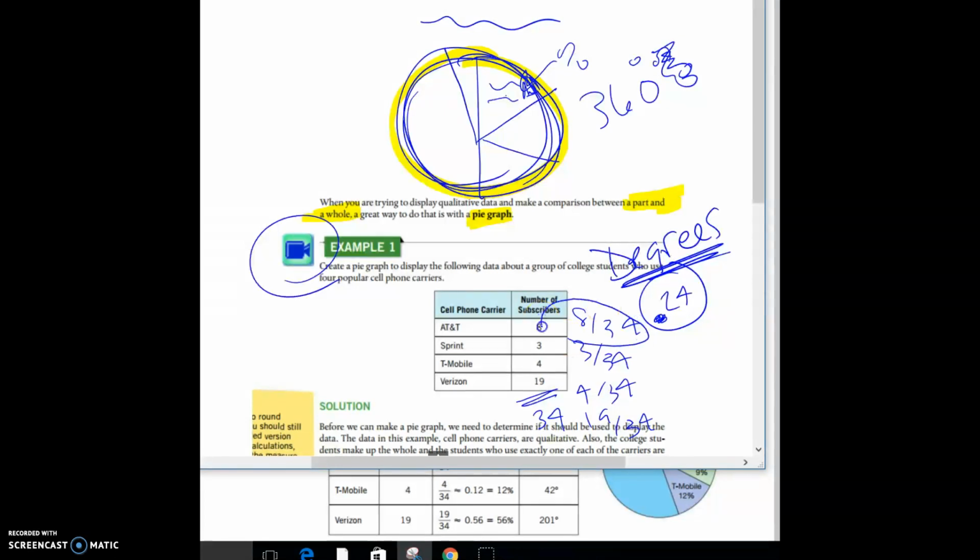So to create a percent, you divide and multiply by 100. To use a percent, you have it in decimal form and you multiply it by whatever you want. So in this case, I'm going to multiply it by 360 degrees, and that's going to give me how big my angle is. So why don't you pause right here, and we're going to look at the chart below.